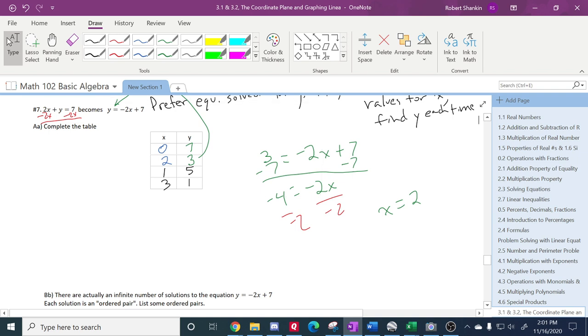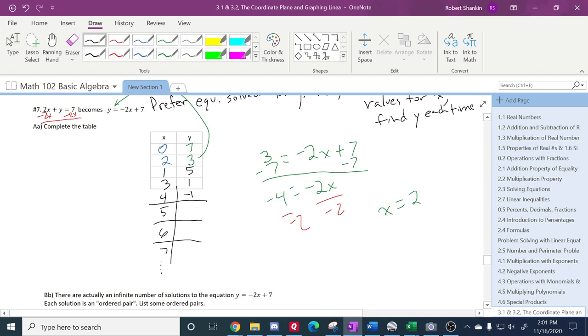Now, if we were continuing on with this, we could make this table go on forever. We could just keep going like this. And once you kind of get them into a pattern, when x is 4, you're going to get negative 8 plus 7, you're going to get negative 1.